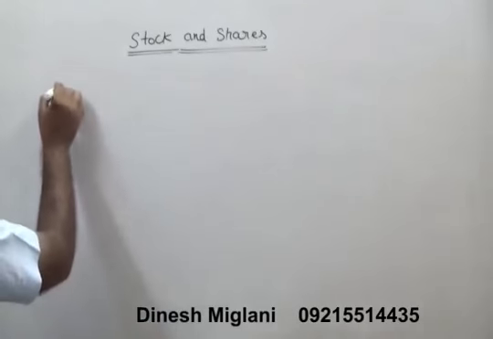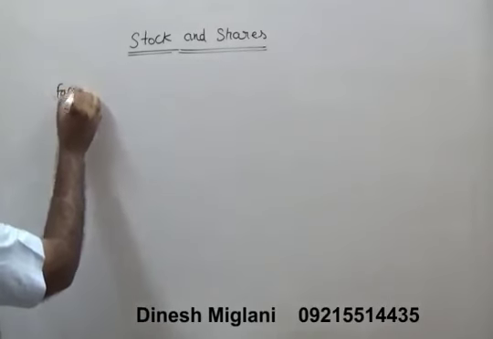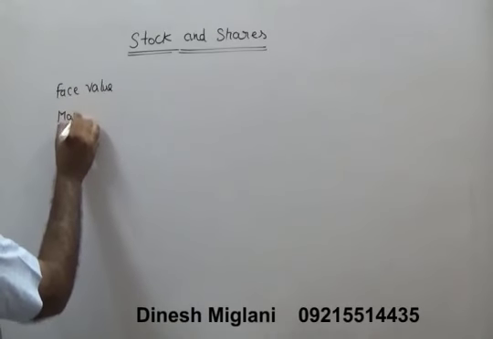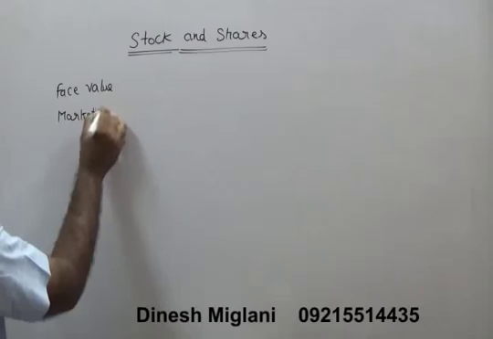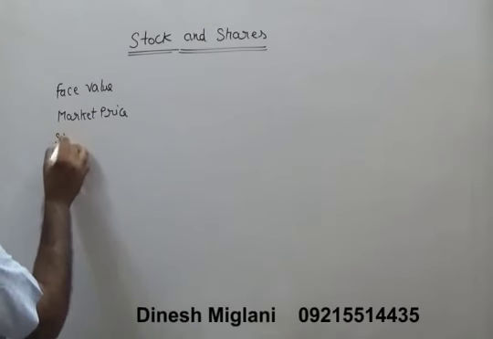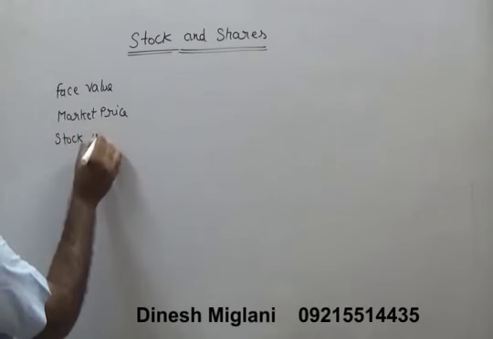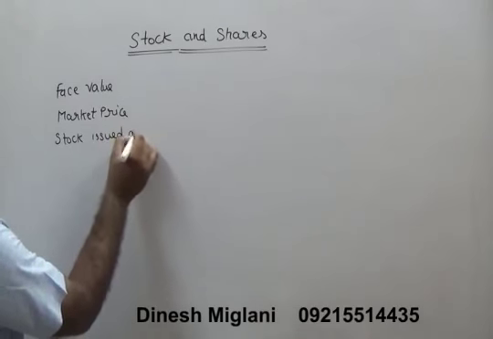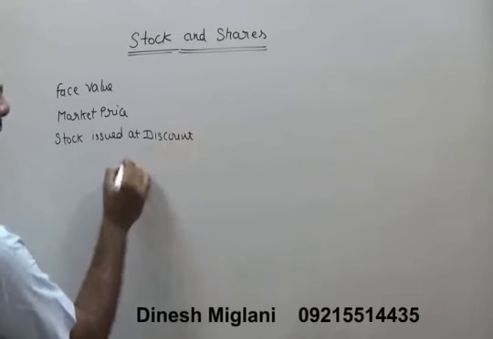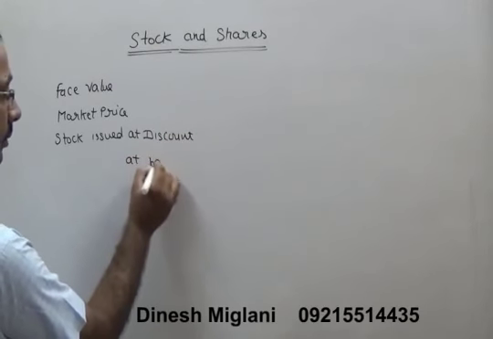The first term that we use is known as face value. Second term is known as market value, or we can say market price. Then we say stock issued at discount. Then we use the term stock issued at par.